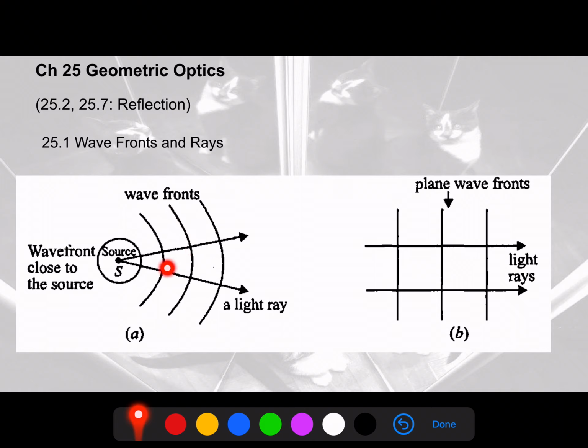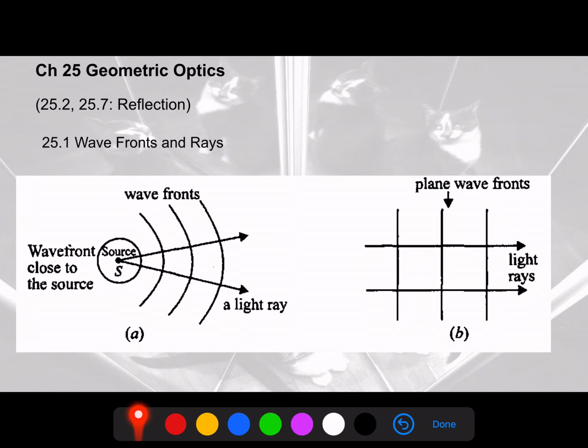The wave fronts you could think of as the peak, for example, of the electric field as the light is propagating away from the source. The rays, what we're calling the light rays, are basically these imaginary lines emanating from the source in the direction that the wave fronts are propagating. And locally speaking, they're going to be at right angles to each one of these wave fronts.